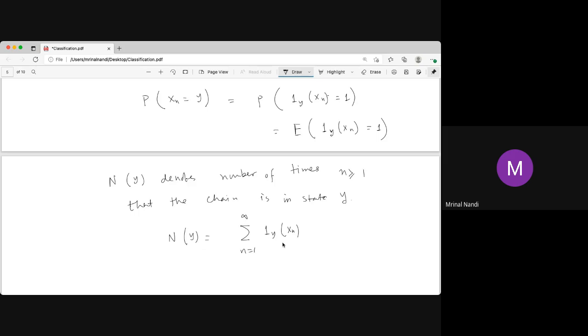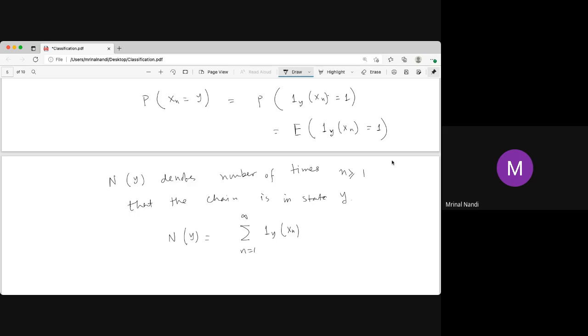So for 10 natural numbers n, Xn equals y, and the sum is 10. The rest are 0. So the number of times the chain is at y is just Ny, the sum of these.